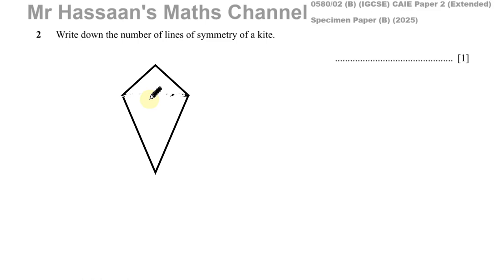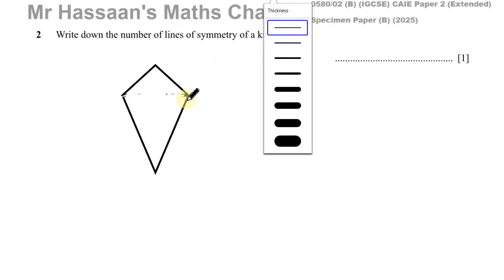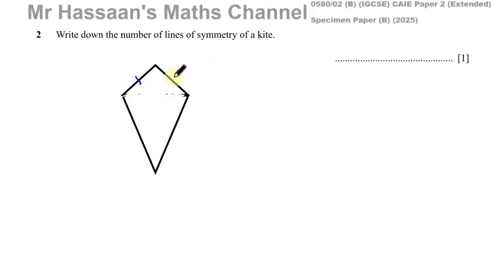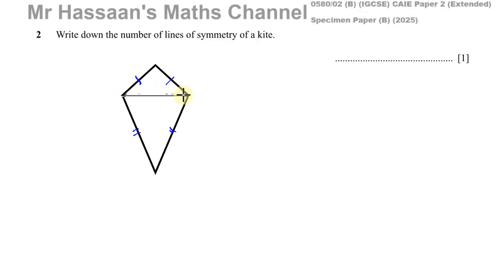From its properties, the adjacent sides are equal. This side is next to that side, and those are equal in length. These two sides are also equal in length. And the diagonals intersect at right angles. This diagonal and this diagonal meet at 90 degrees.